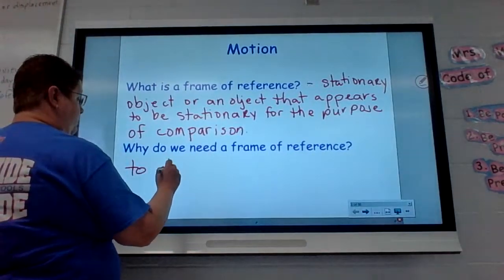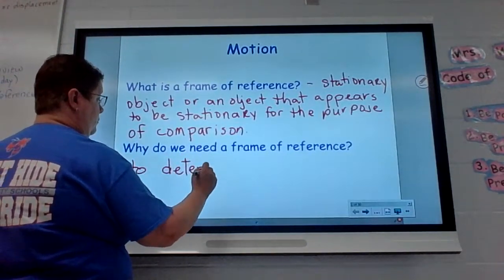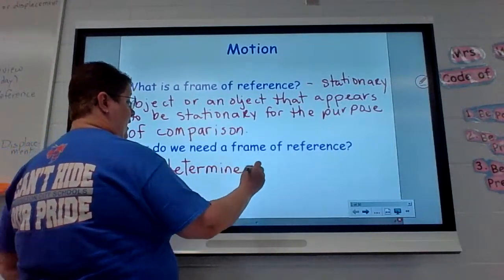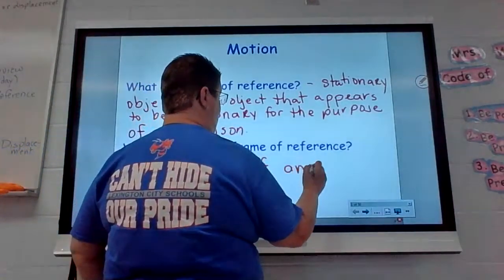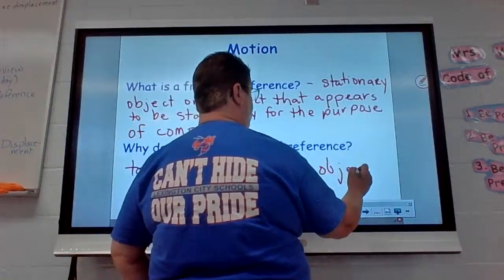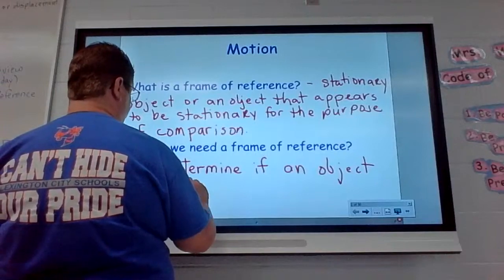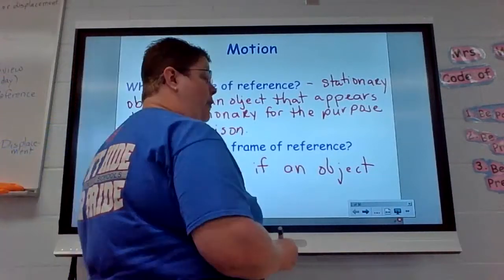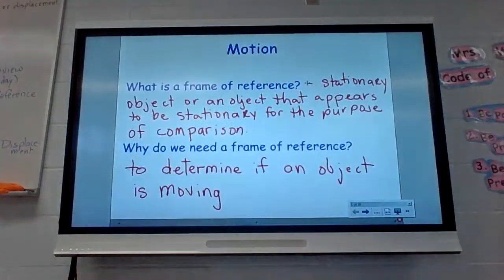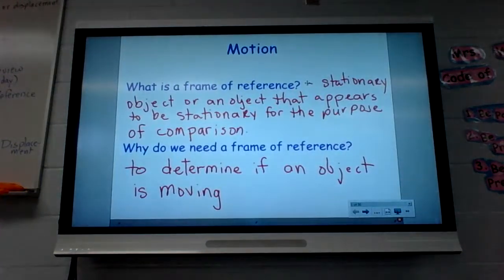All right? So why do we need a frame of reference? To determine if an object is moving. That's why we need a frame of reference. Most of you would tell me that I'm moving around the room right now.